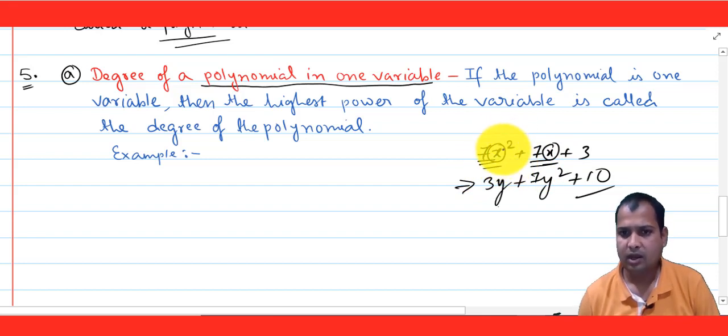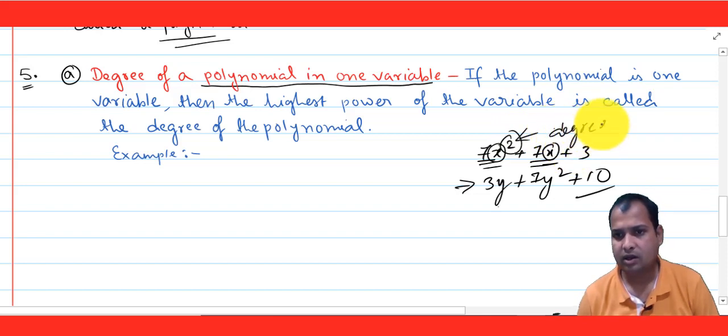Now this has got highest power, that is 2. So this 2 is the degree of this polynomial. So degree equal to 2 for this one. Degree for this also 2 because highest is 2 over here.